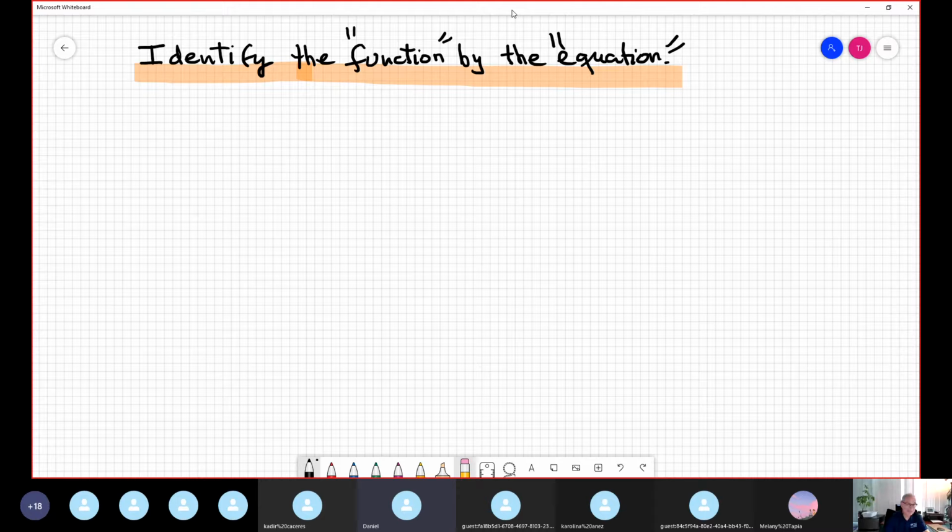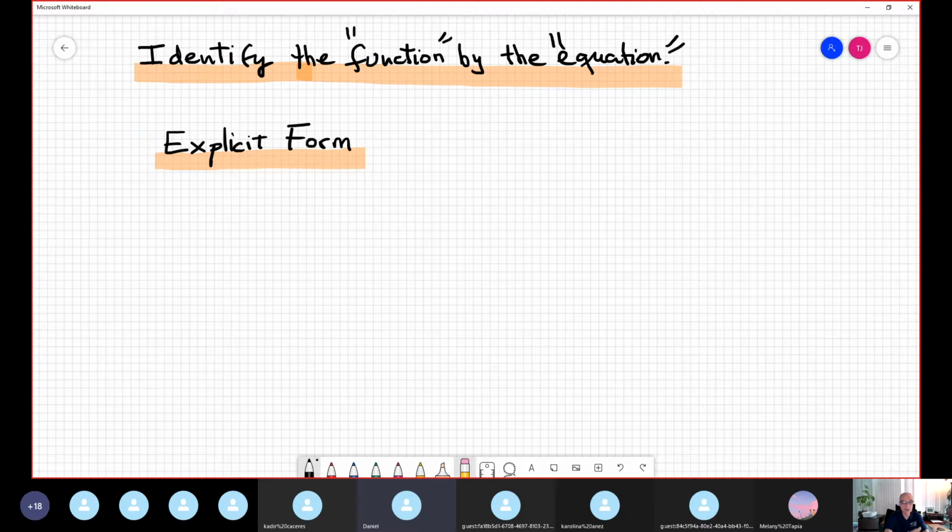One is called explicit. This is classical mathematics, guys. Explicit form. Remember, this is called algebra, but I guarantee you will see this in precalculus and in calculus. Explicit is when the y is totally isolated.